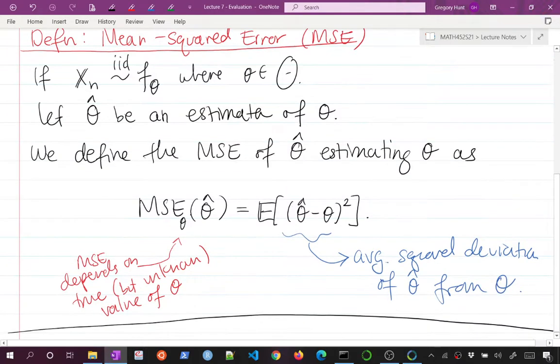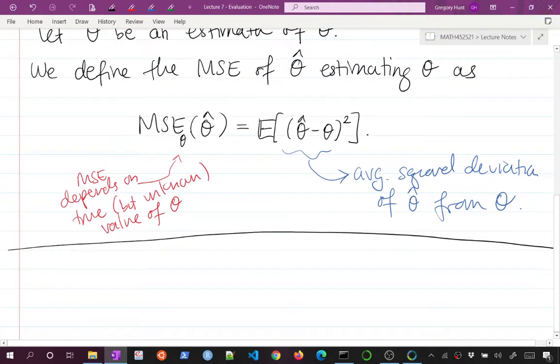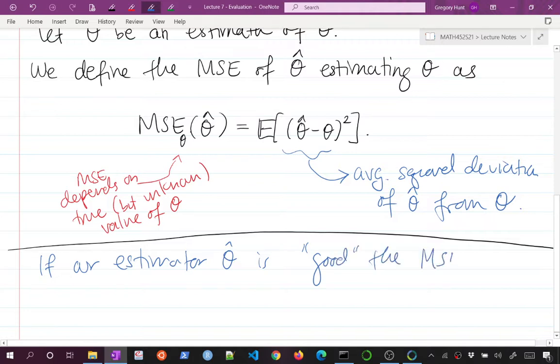And the idea is that if our estimator theta hat is, quote, good, then this MSE of theta hat is small. That is, on average, the estimator theta hat is close to the truth, theta. And on average, this closeness is basically the squared distance between theta hat and theta.